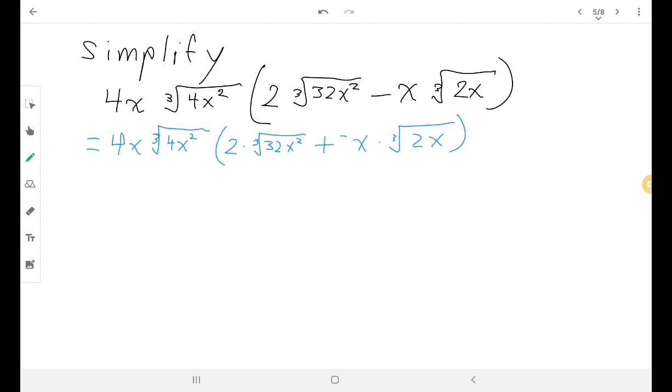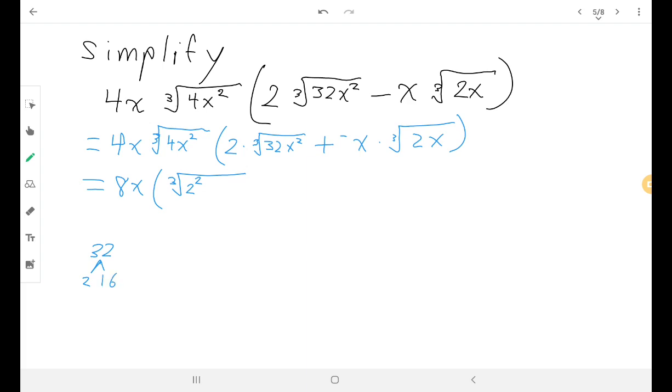So let's do this distribution then. 4x times 2, that would be 8x, times this cube root times this cube root, and we could combine all that. So times the cube root of 4 times 32, which, let's talk about all that together as, let's call 4 2 to the second, and 32 is actually a power of 2 also, right?